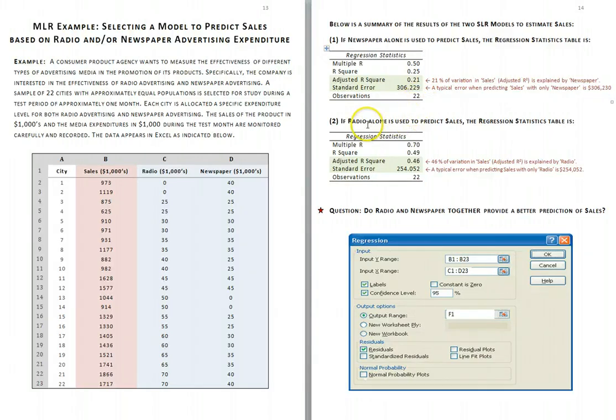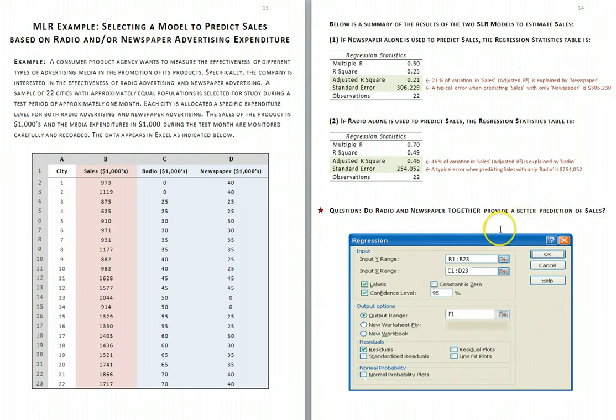When only radio advertising is used to predict sales, the adjusted R-squared jumps up to 46%, and a standard error of approximately $254,000 is made. Next, we'll fit the multiple linear regression model that uses both radio advertising expenditures and newspaper advertising expenditures to predict sales.